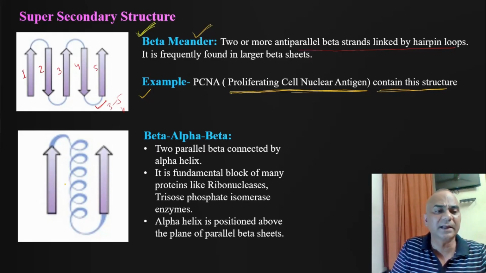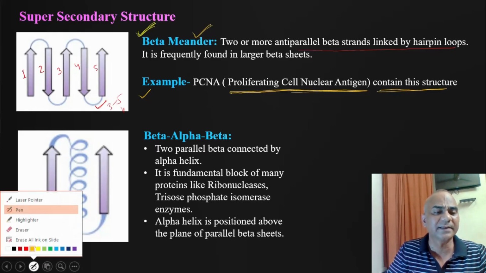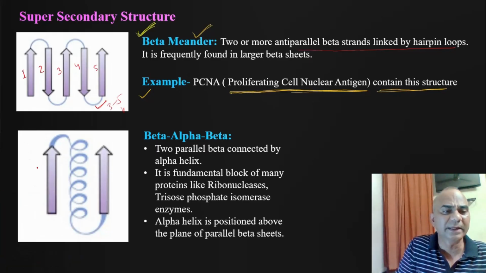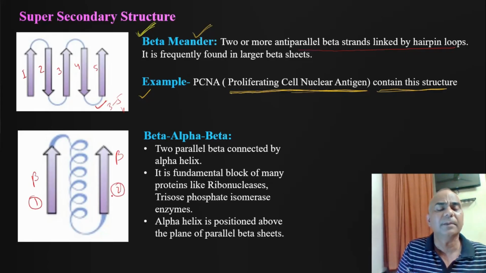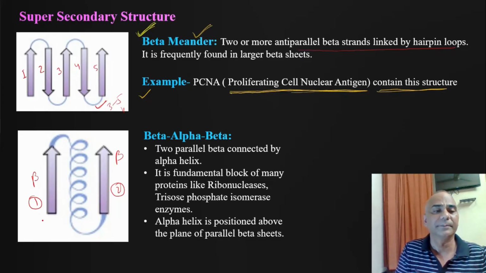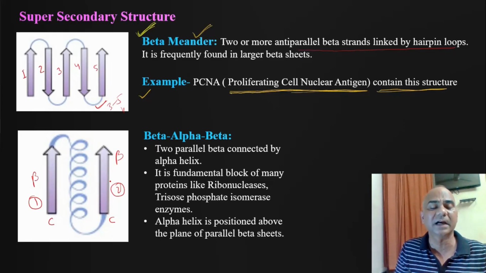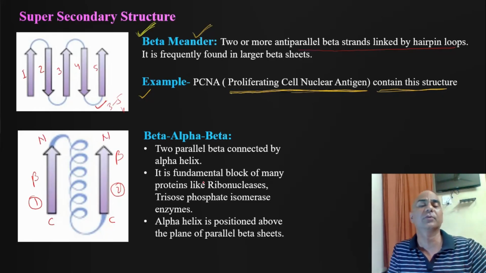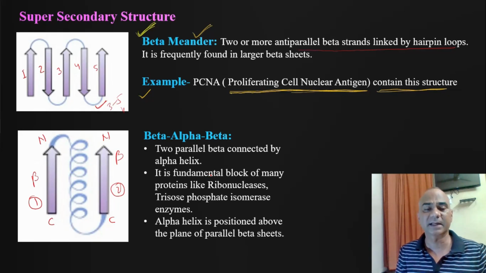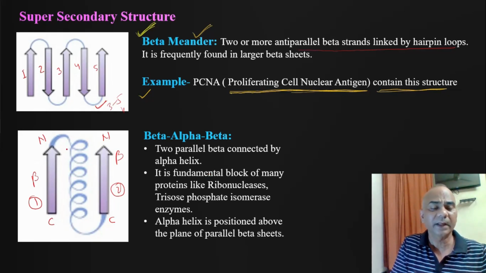And you can clearly see in this structure that these two beta sheets, first and second, are arranged parallel to each other, because the C terminus of these polypeptide chains are near to each other and the N terminus is also near to each other, which makes this arrangement parallel. And this is the alpha helix structure, this is the alpha helix structure.